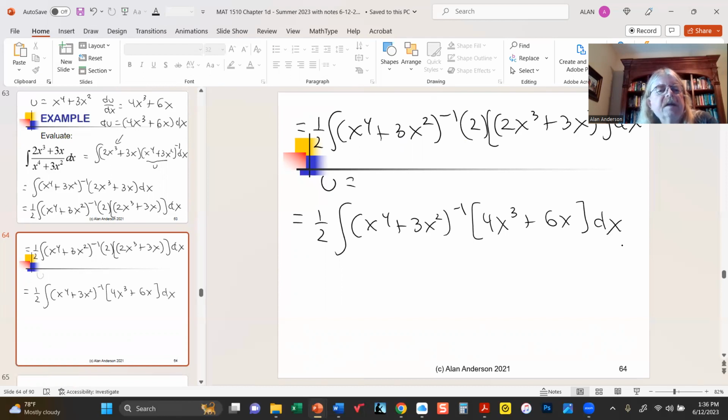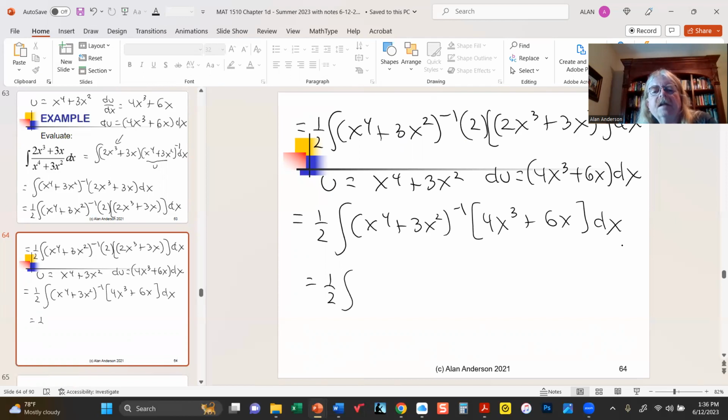Remember, we define u to be x to the fourth plus 3x squared, and du is (4x cubed plus 6x) dx. So what do we have here? We've got 1/2 u to the minus 1 power times du. Now, of course, u to the minus 1 power is just another way of saying du over u.